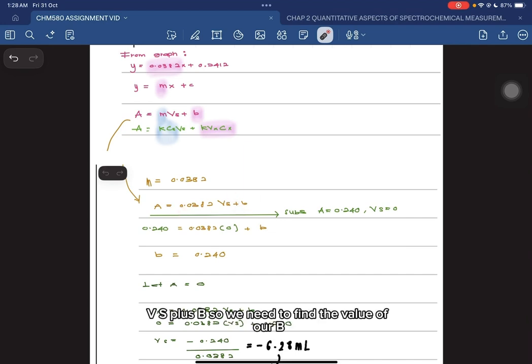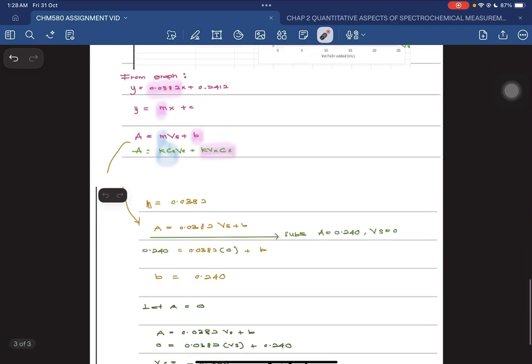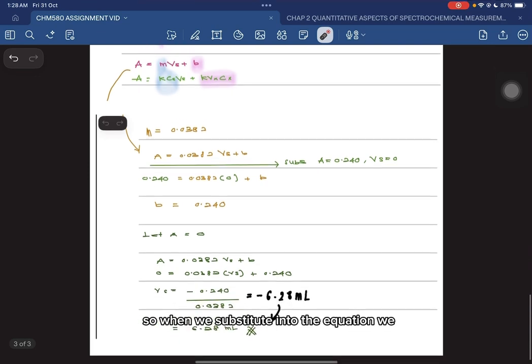So we need to find the value of b. Let's just take any point from the graph. We use A equal to 0.240 and Vs equal to 0. When we substitute into the equation, we get b equal to 0.240.